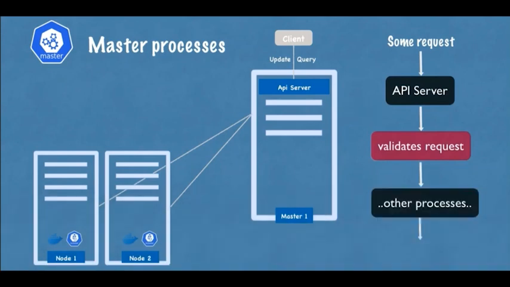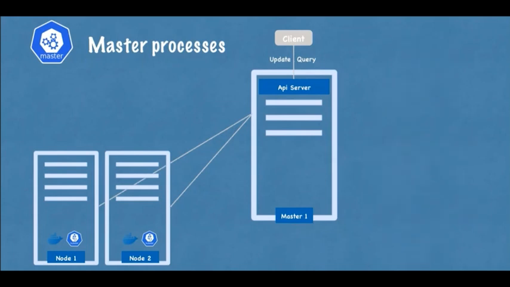Also, if you want to query the status of your deployment or the cluster health, you make a request to the API server and it gives you a response. This is good for security because you have only one entry point into the cluster.